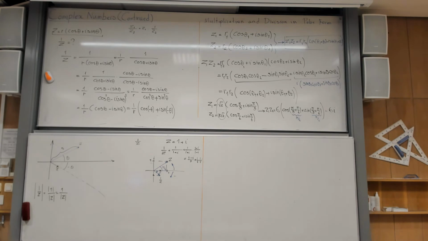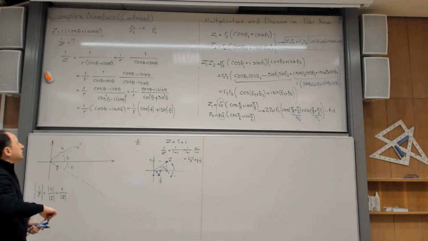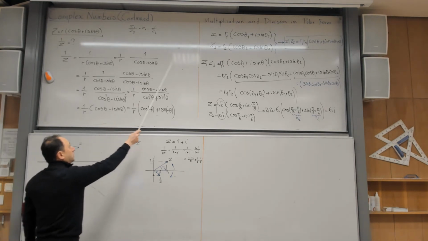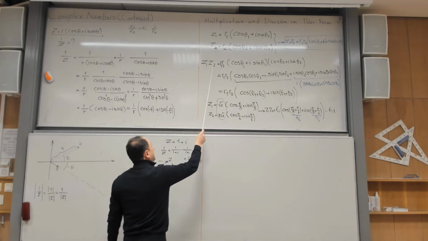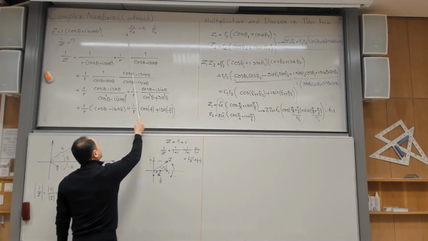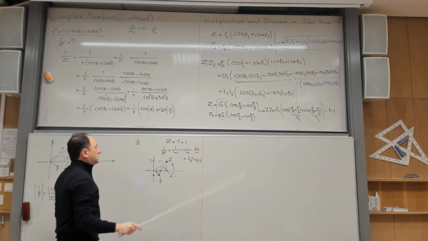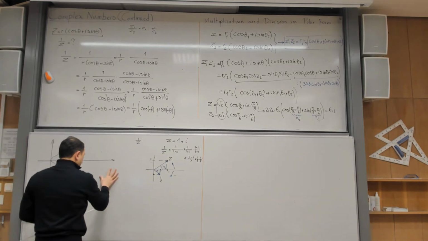Yes? Okay, now let us go back to the question that I wanted to answer. So if I give you these two complex numbers and I ask you to divide them, what is the formula that we will get? Okay, let us see.